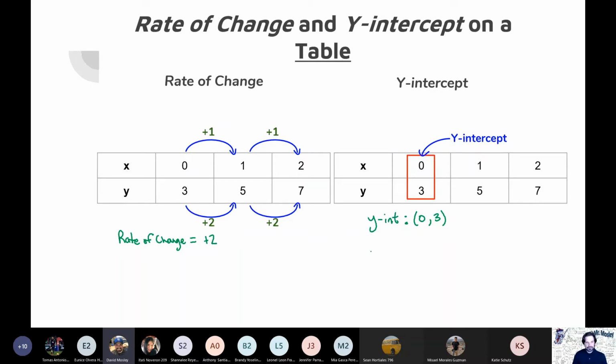Entonces, valor inicial 3. Un número. Pero el y-intercept es las coordenadas 0, 3. ¿Entiendes? Sí, ¿no? I'm pretty happy with that.